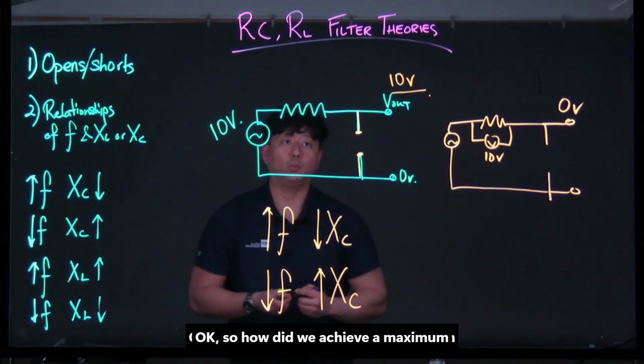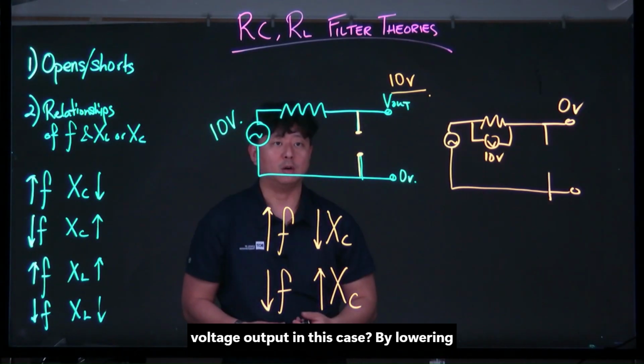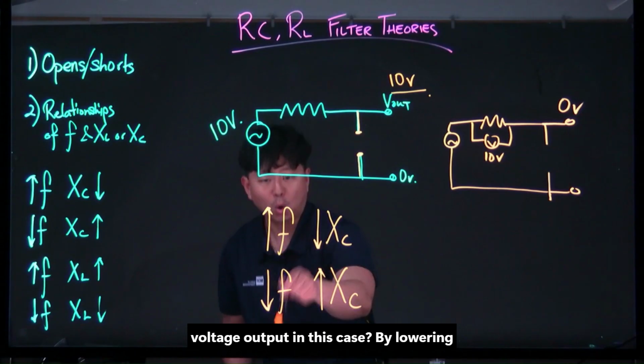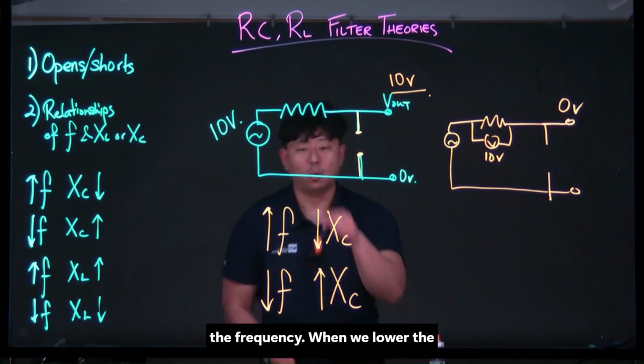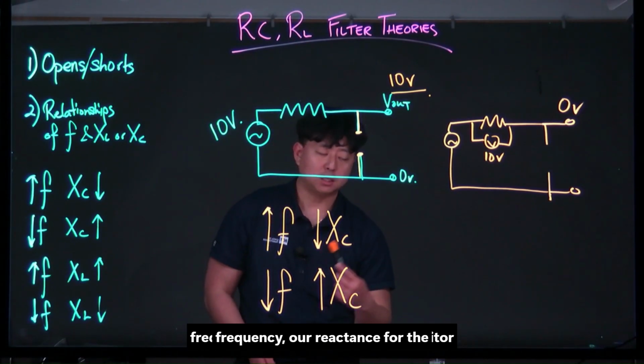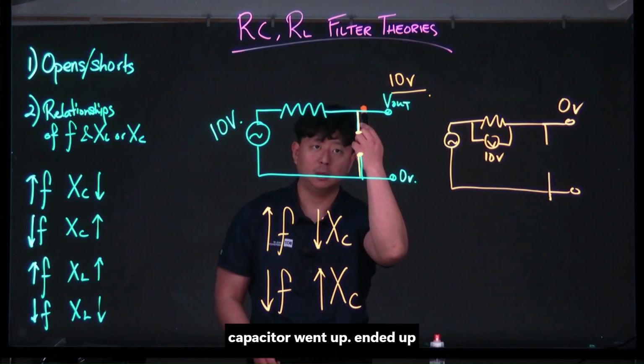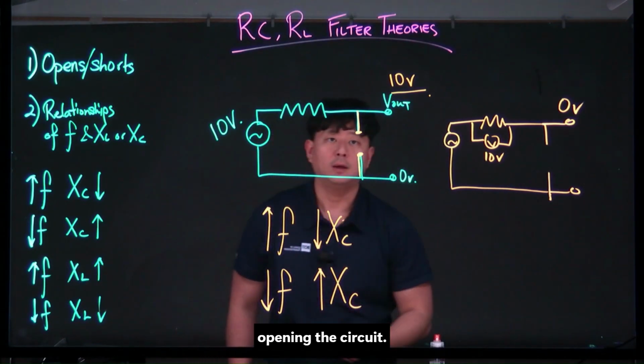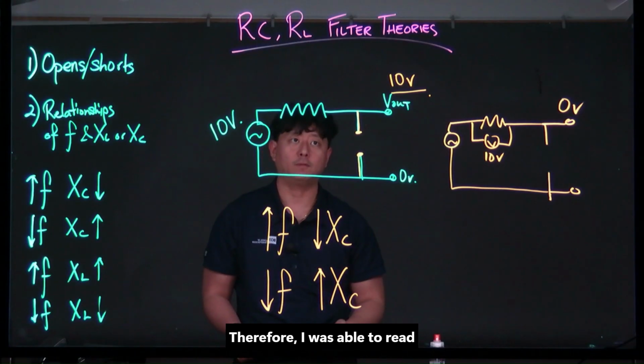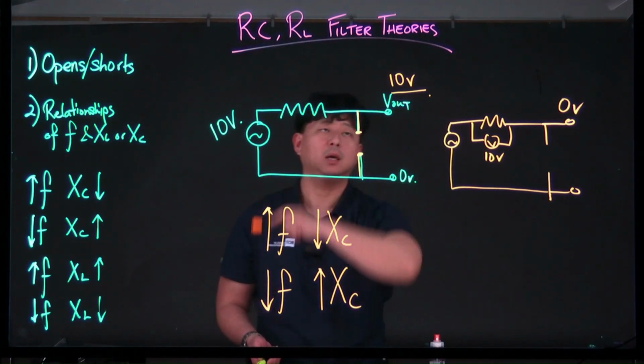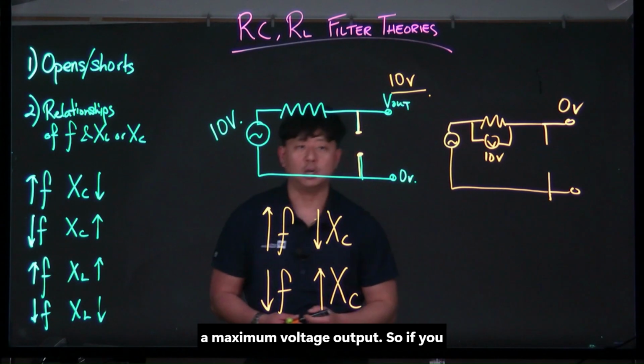Okay, so how did we achieve a maximum voltage output in this case? By lowering the frequency. When we lower the frequency, our reactance for the capacitor went up, ended up opening the circuit. Therefore, I was able to read a maximum voltage output.